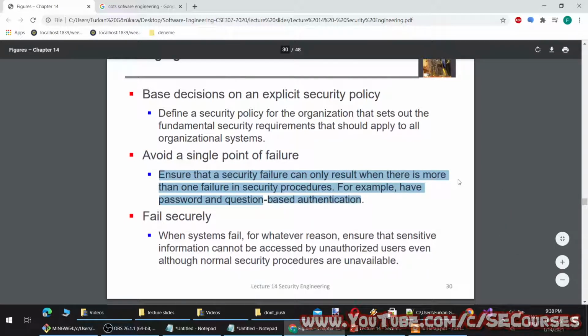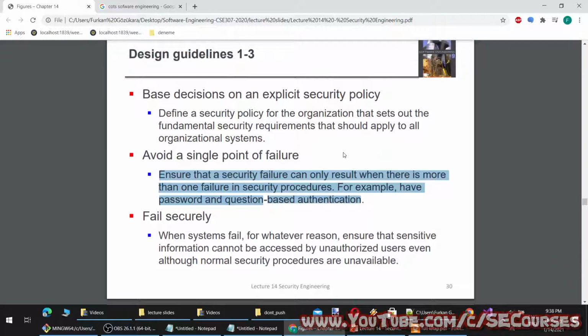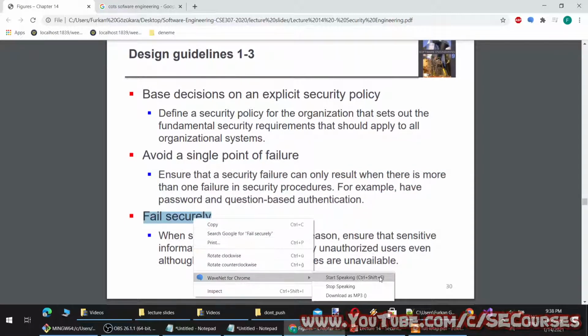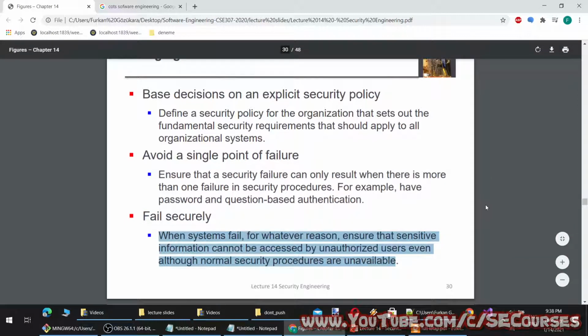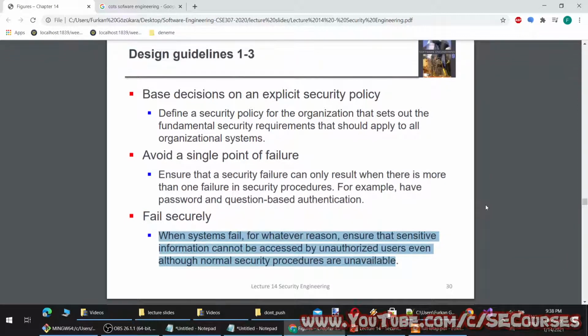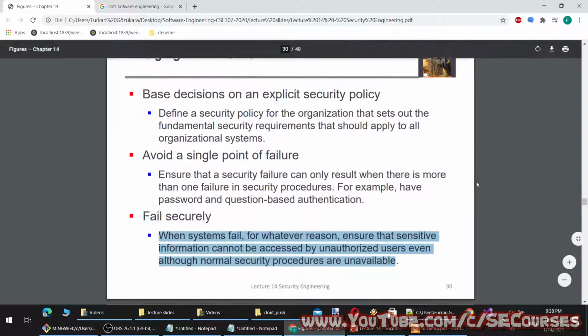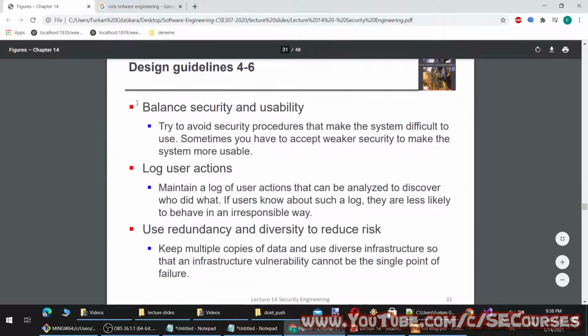Ensure that a security failure can only result when there is more than one failure in security procedures. For example, have password and question-based authentication. Fail securely. When systems fail, for whatever reason, ensure that sensitive information cannot be accessed by unauthorized users even although normal security procedures are unavailable.